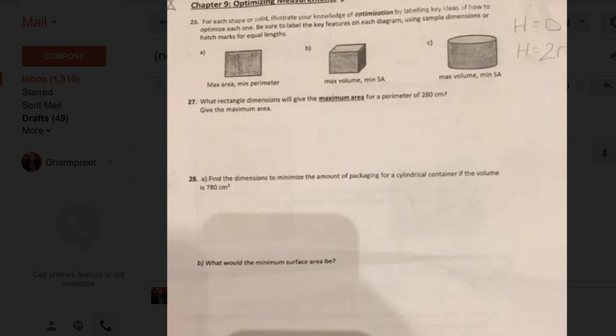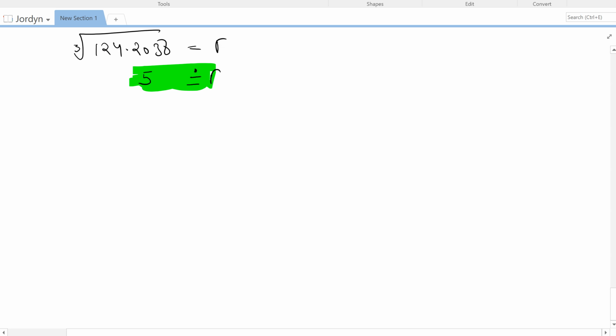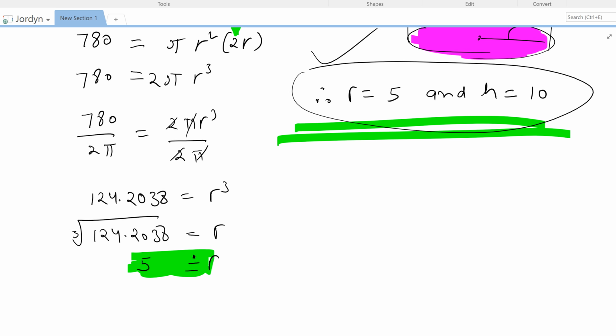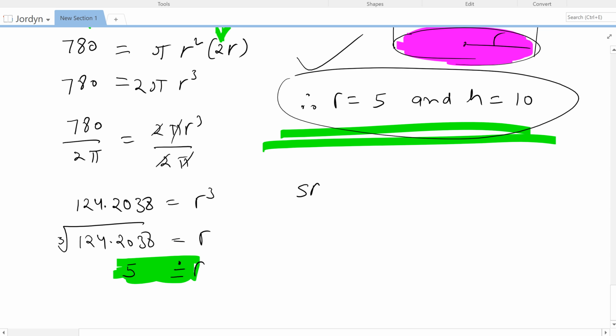Okay, so find the dimensions to minimize. Right, that's good. Now the next one is, what would the minimum surface area be? So in the same context, what would be the minimum surface area in this one? Now, do you know the formula for surface area? 2 pi r h.